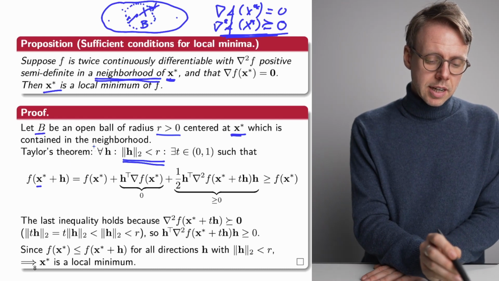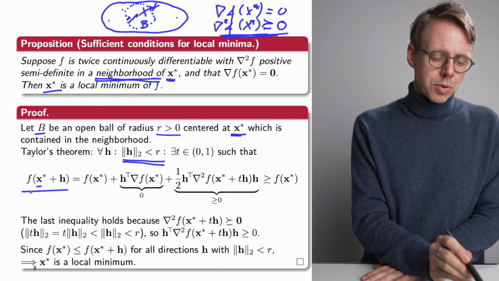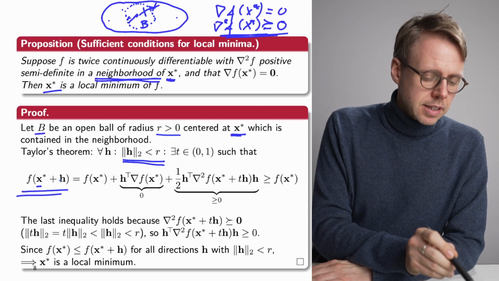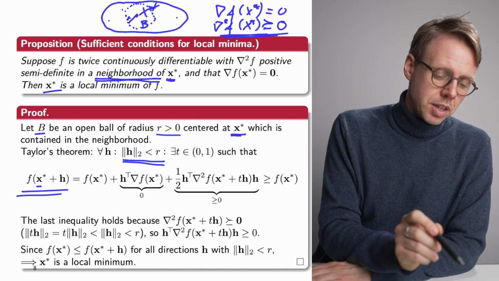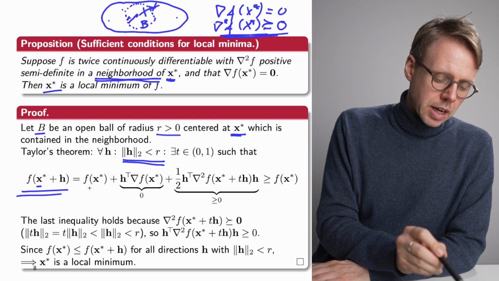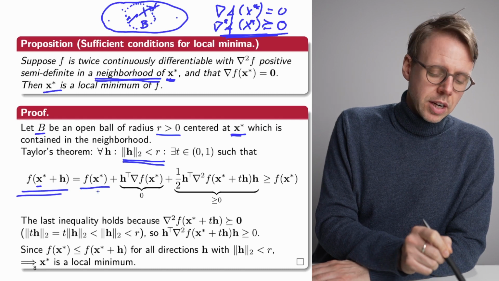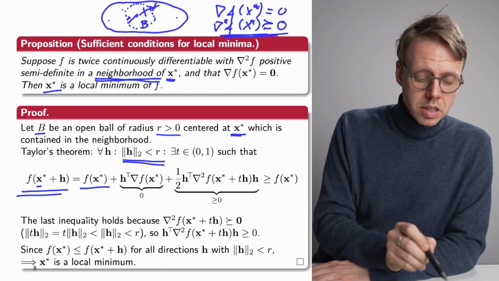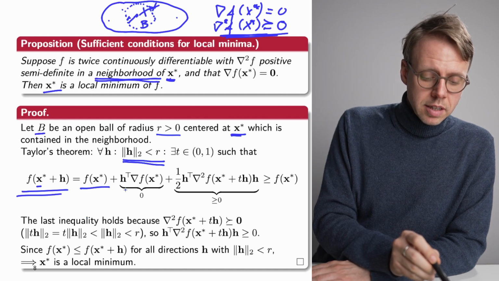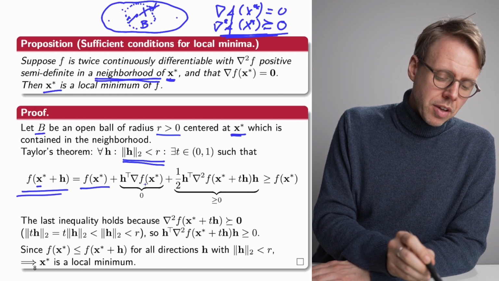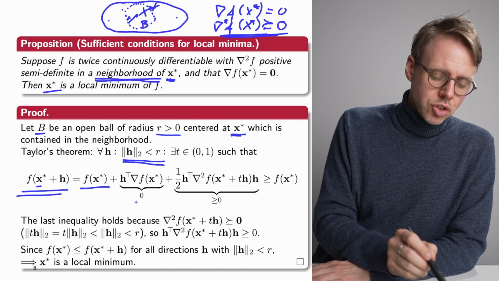Now let's look at Taylor's theorem to look at the function value at this point x star plus h. So that's any point within the ball. This can be given by the function value of f at x star, which we don't know, plus the gradient of f at the point x star times h.